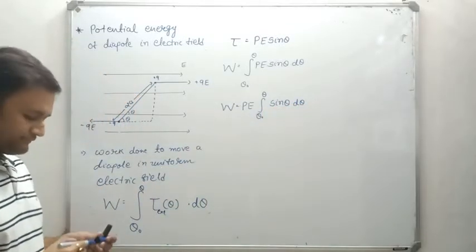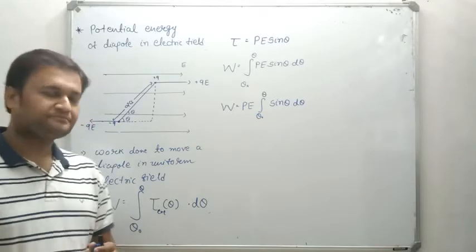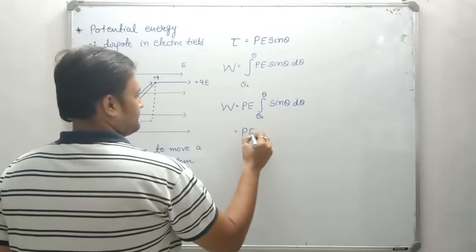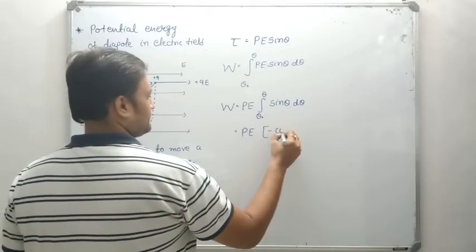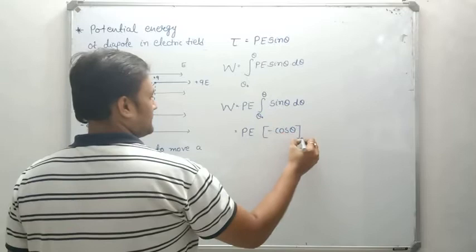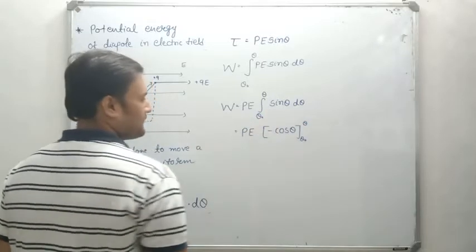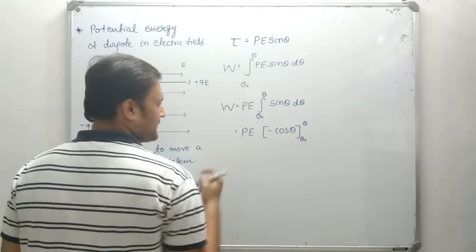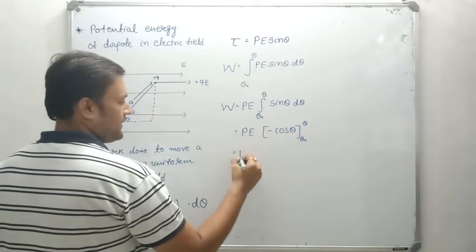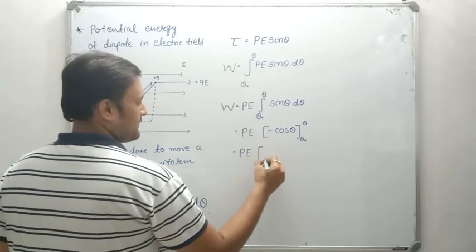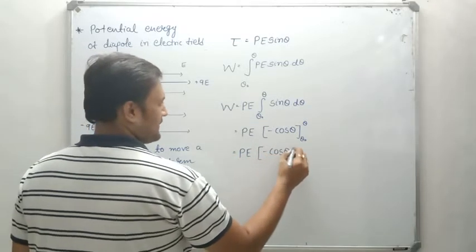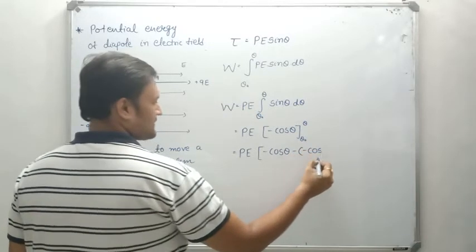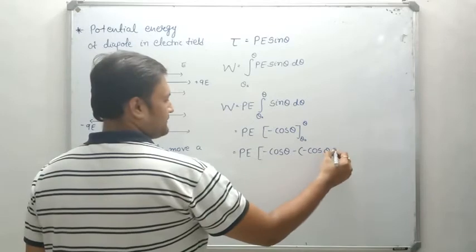The integration of sin theta is minus cos theta, from theta 0 to theta. Now we substitute the upper limit and lower limit in place of theta. So pE times minus cos theta minus, minus cos theta 0.